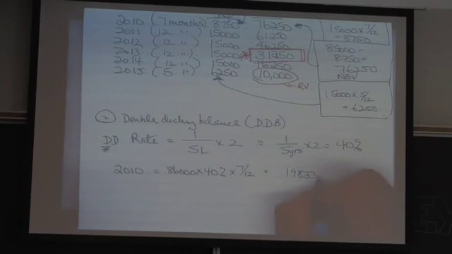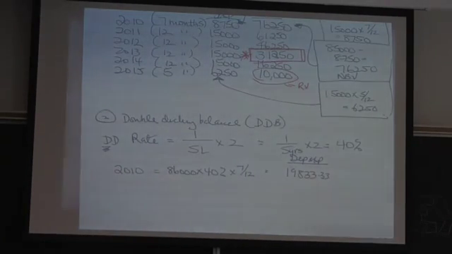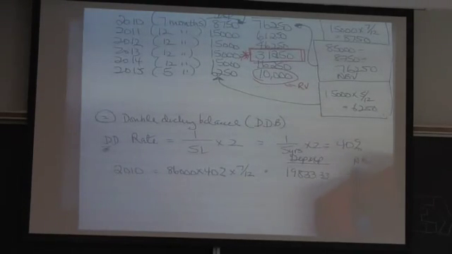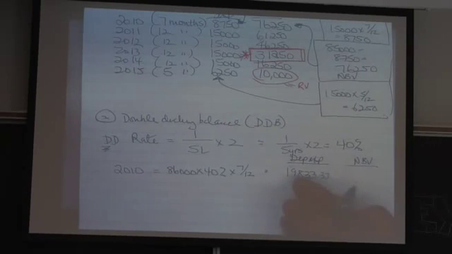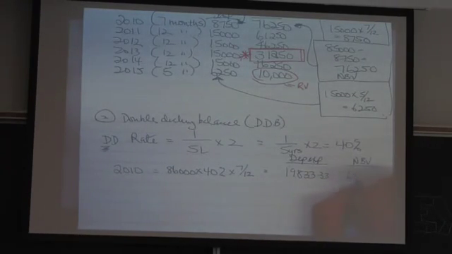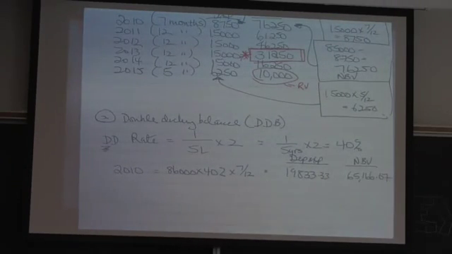That's the amortization expense or depreciation expense. And net book value is going to be 85,000 minus 19,833 gives us 65,166.67. That is the net book value. So this is the first year of amortization.